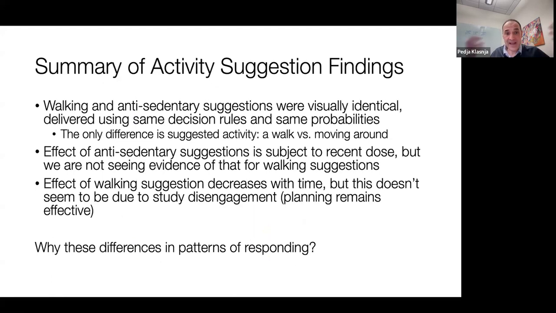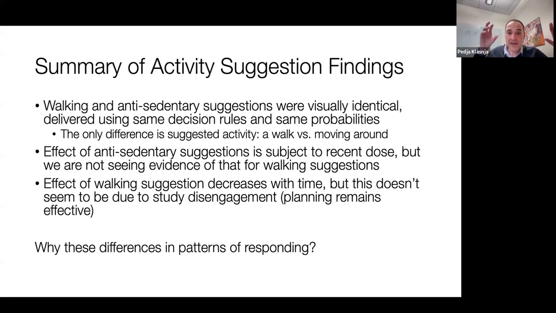They're sent in exactly the same way. They had exactly the same decision rules and probabilities. Visually, they're identical, right? So you actually have to look at the notification to be able to tell whether it's asking you to take a walk or just move around a little bit.